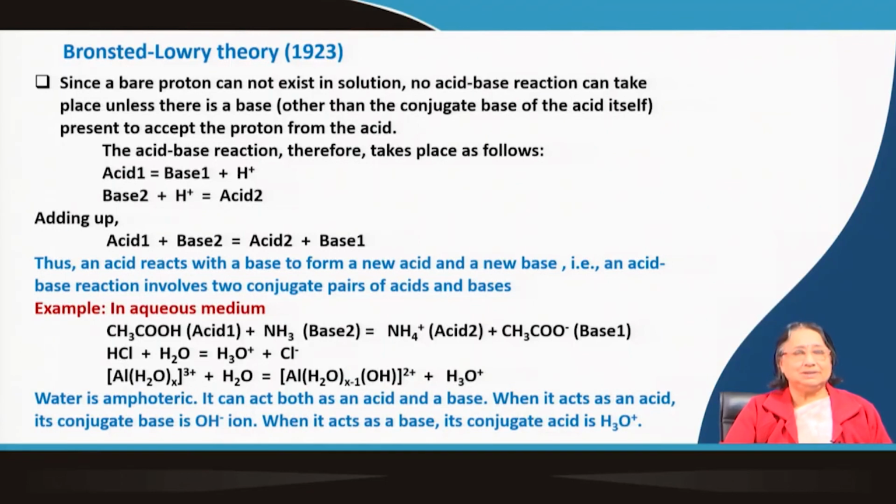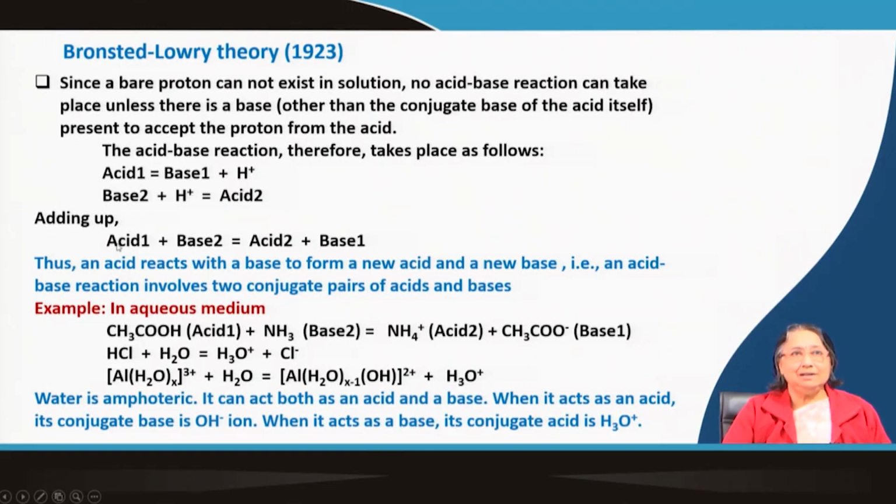Who will take it up? A base will take it up. So, here it is shown that acid 1 gives proton to form its conjugate base 1, and another base should be there which can take up the proton to form an acid.